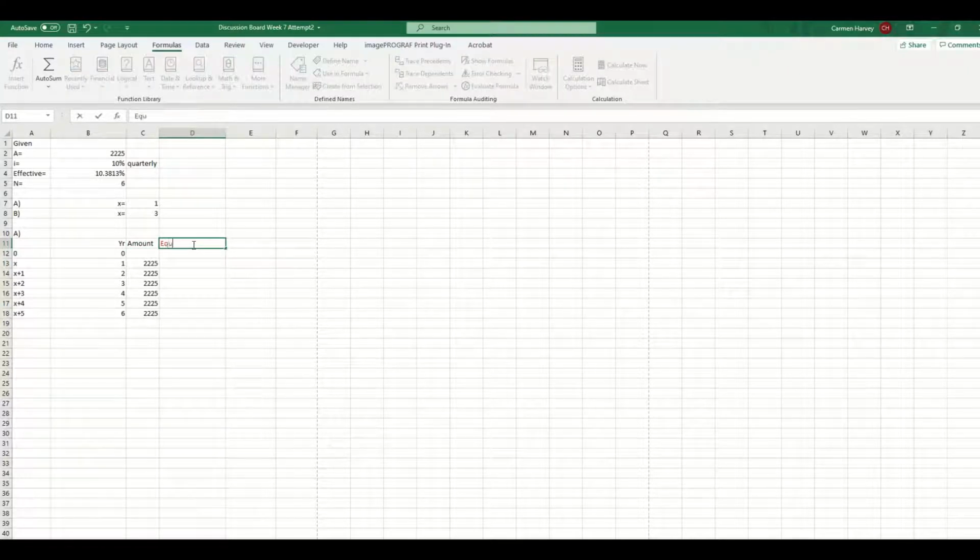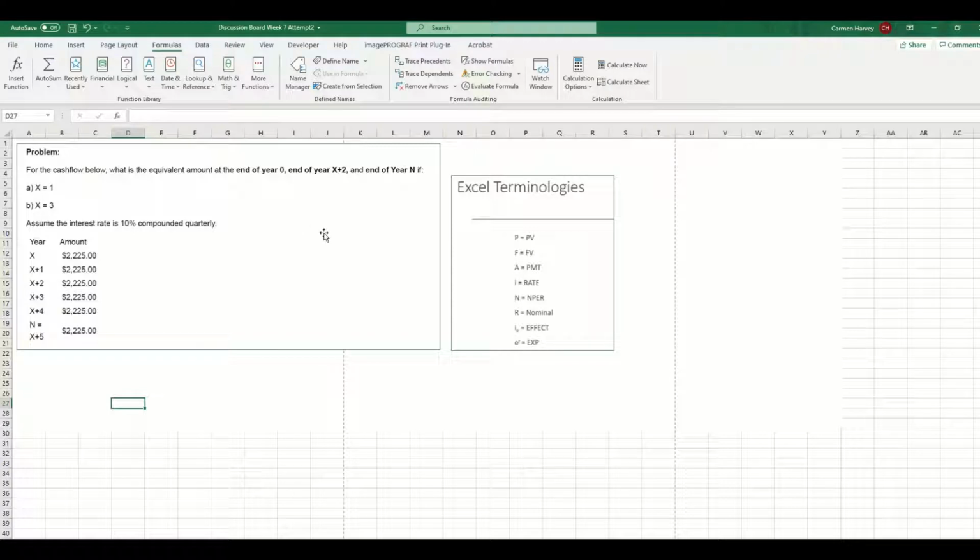So now we need to know what this equivalent value is. We're looking at the end of year 0 and the end of year x plus 2, end of year n.